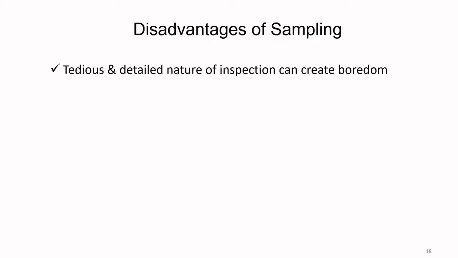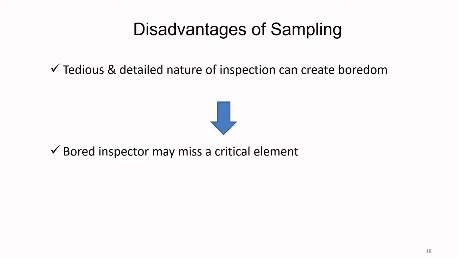They've started accepting minor defects. They're not even writing down that it's a defect. But when they started, they were being very, very strict. It's something which happens. It's human. So a bored inspector may miss a critical element, or they tend to start accepting a lot of faults. That's fine. It is okay.